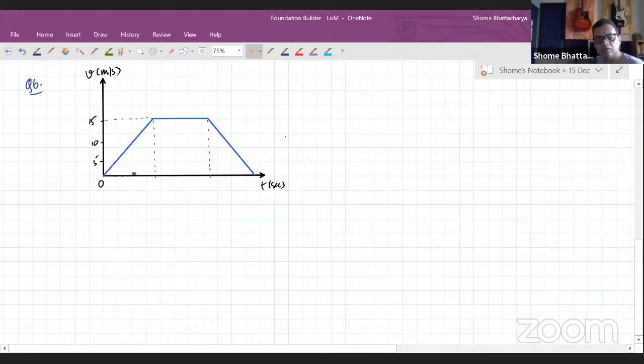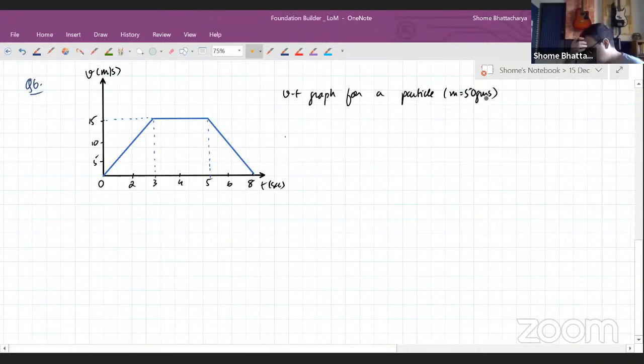Similarly, this is 2, this is 3, this is 4, this is 5, 6, and 8 seconds. Okay. Now they've asked you to, so this is the velocity time graph for a particle of mass 50 grams, okay, which is moving along a straight line.